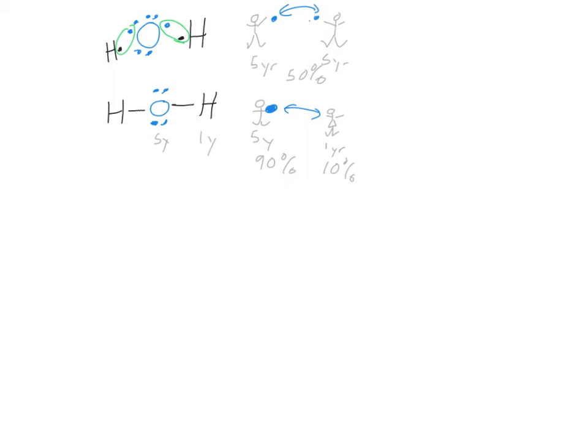That means that part of the time, the oxygen here has extra electrons. And if it has extra electrons part of the time, that means it develops a partial negative charge. Conversely, if the hydrogen is deprived of the electrons in the bond by its obnoxious older brother, that means it's going to be short of electrons part of the time, and it's going to develop a partial positive charge.